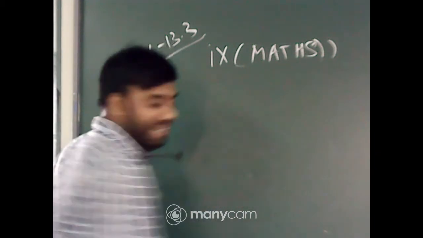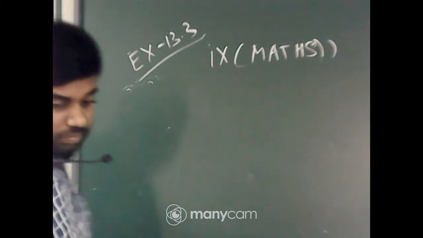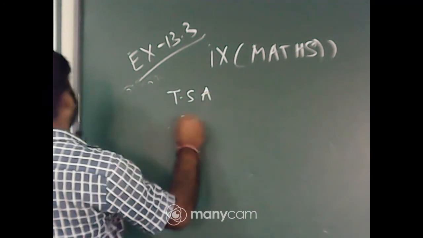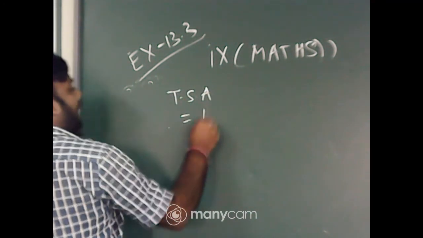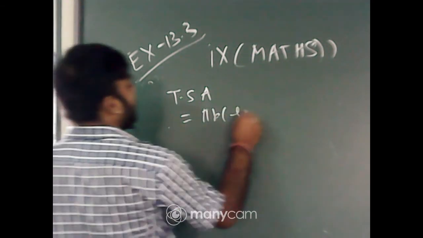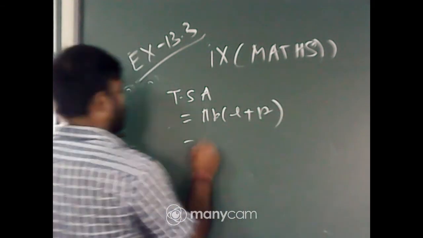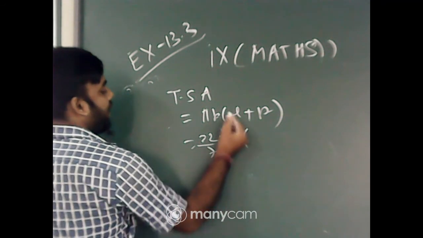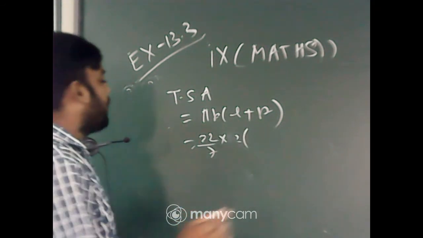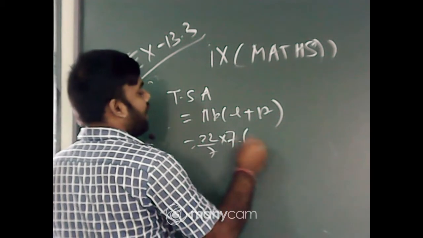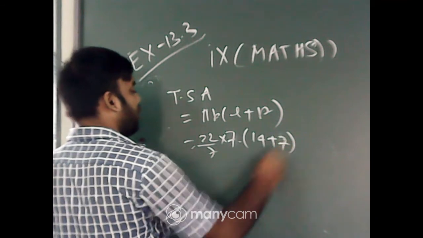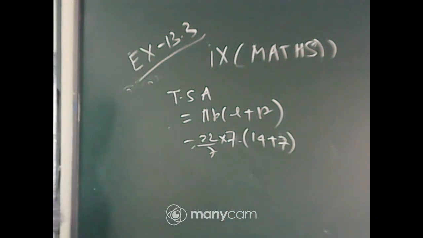The formula of total surface area is pi R into R plus L. 22/7 into R, sorry, we have found that R equal to 7, L is 14 plus R, that is also 7.